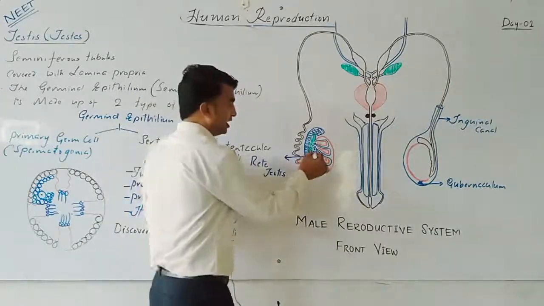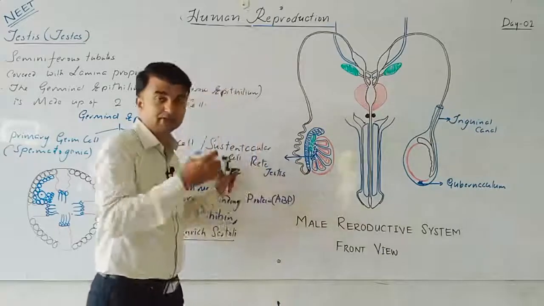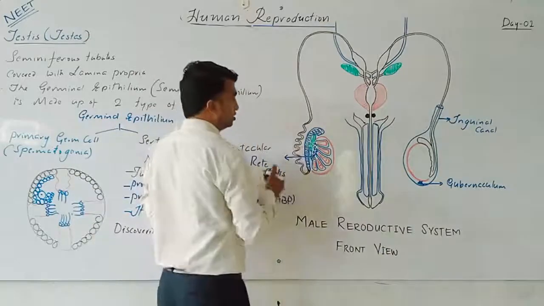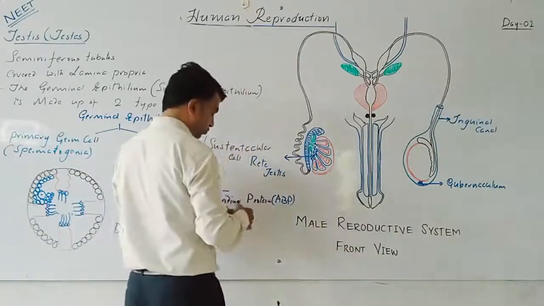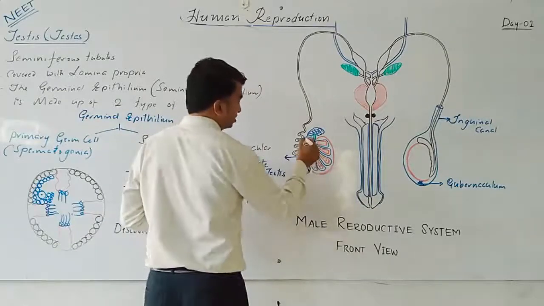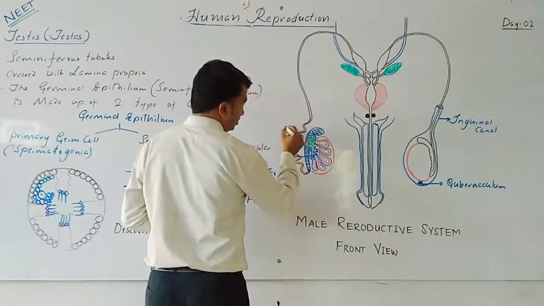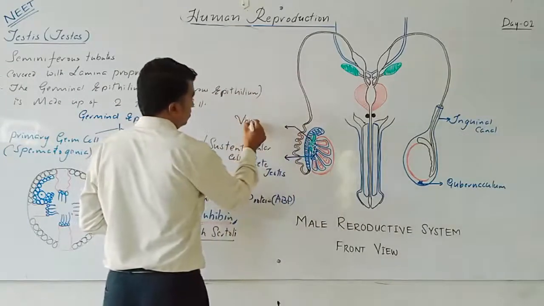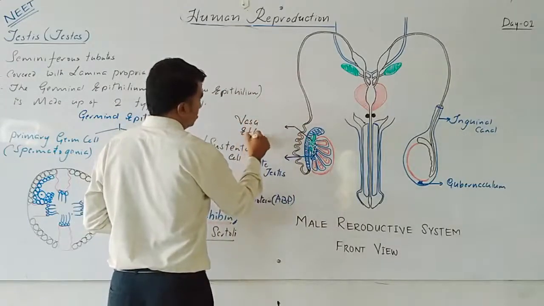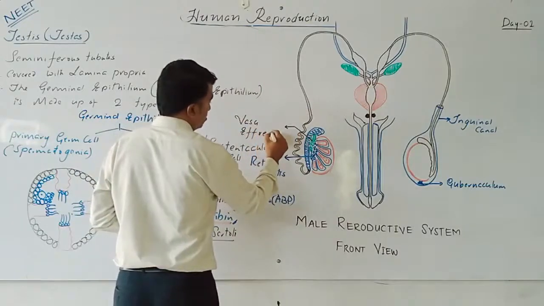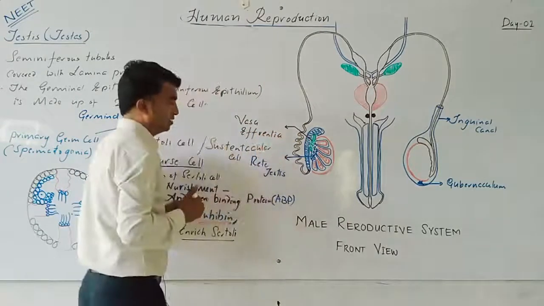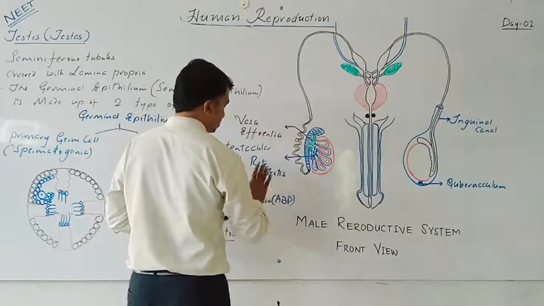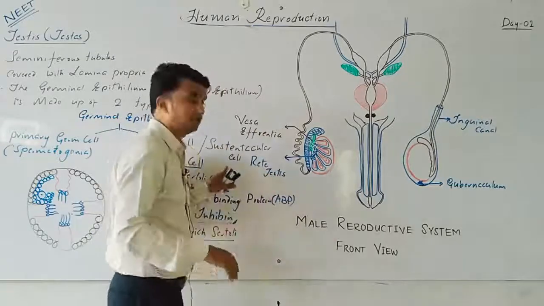So this rete testis joins to form almost 10 to 20 tubular structures. So this green color structure is the vasa efferentia.